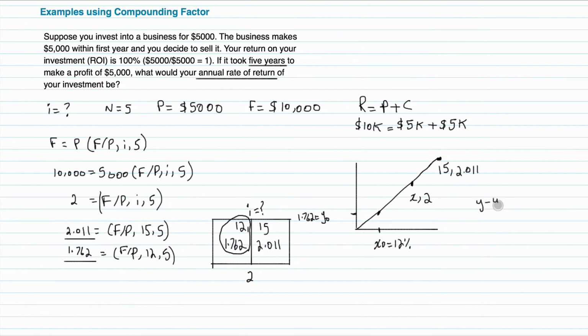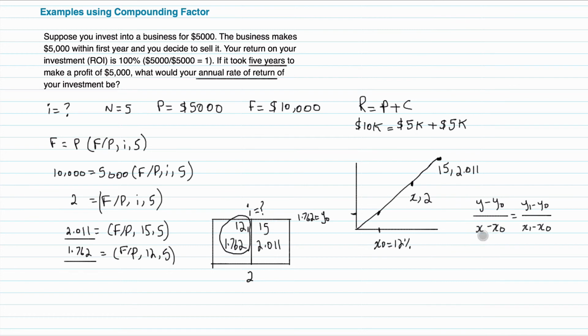Now we apply our formula. y minus y naught over x minus x naught is equal to y1 minus y naught over x1 minus x naught.